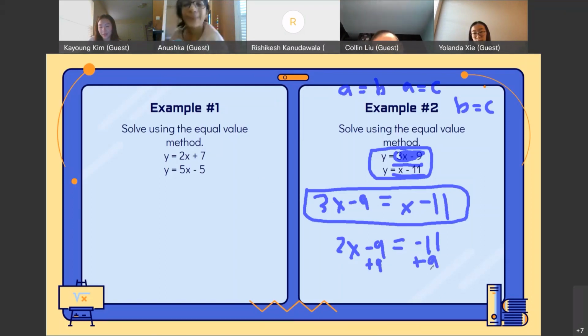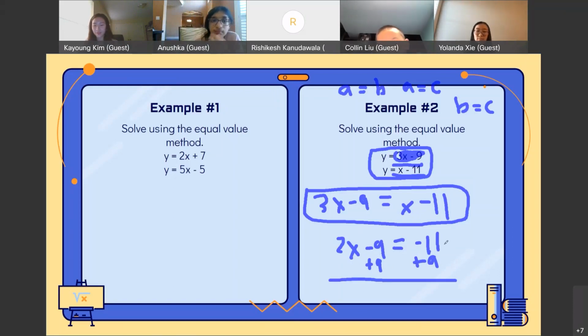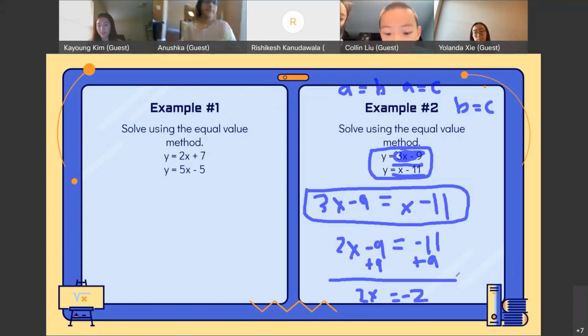No, you were right the first time. So now I'm moving the negative 9 to the other side, kind of. So it'd be 2x equals negative 2. Okay, now what is x? Oh, okay. So x would be negative 1. Yeah, you're right. Good job.